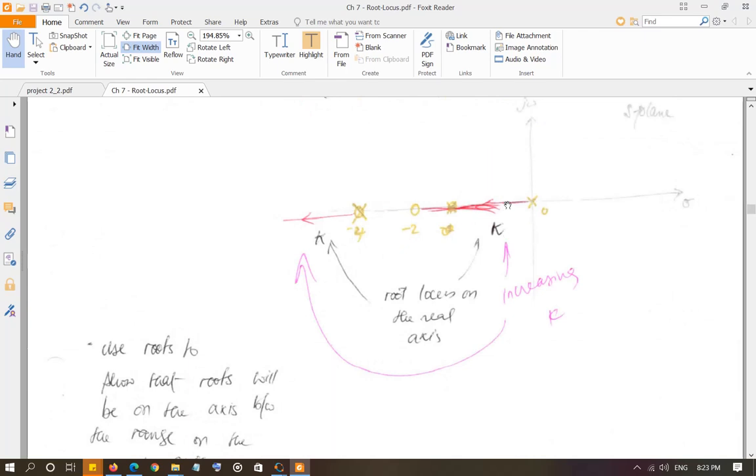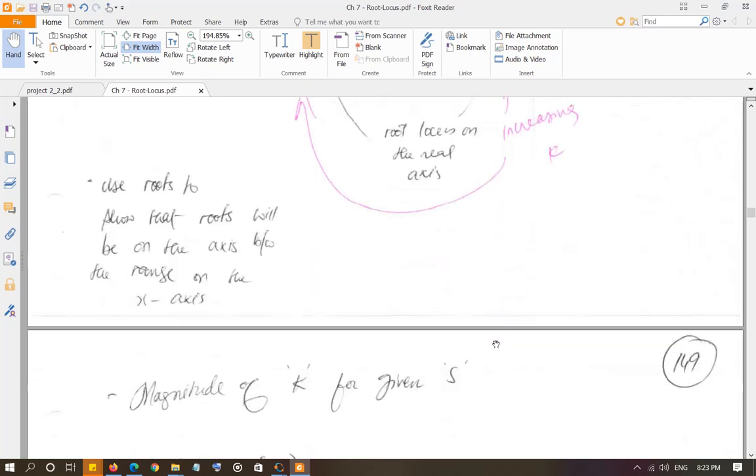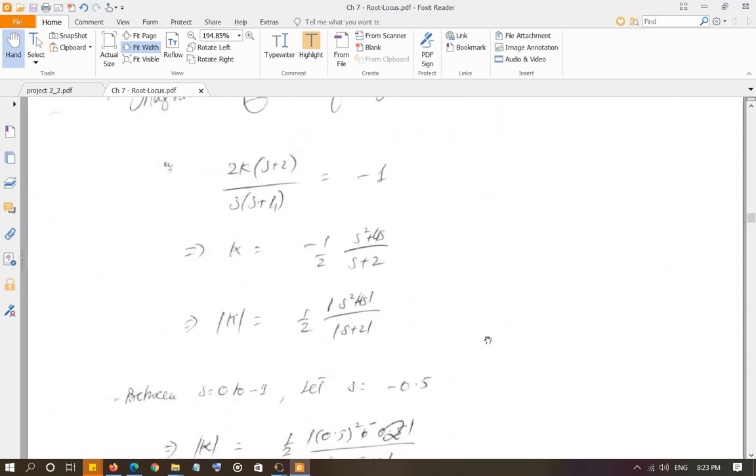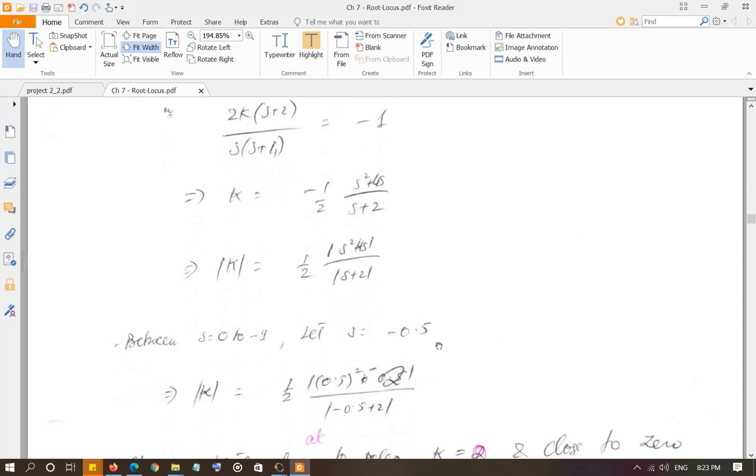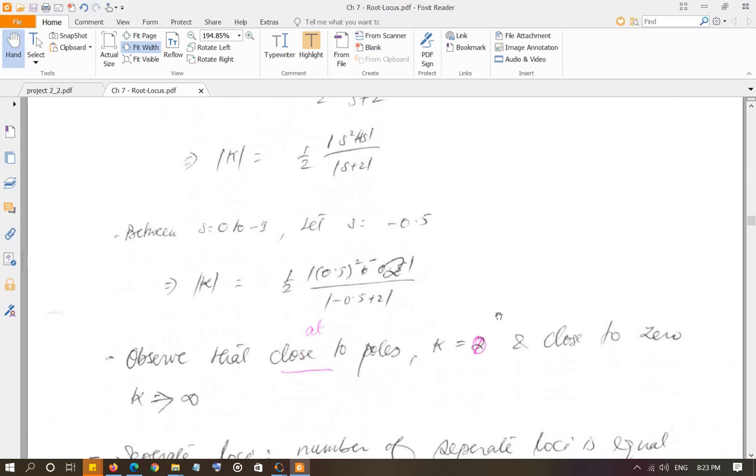I want to know what the value of K is for that. Very simple. You take S equal to negative 0.5, plug it in over here, take the magnitude, and that's going to be the value of K. As simple as that. It is a very easy method to figure out the value of K for any corresponding point on the root locus.